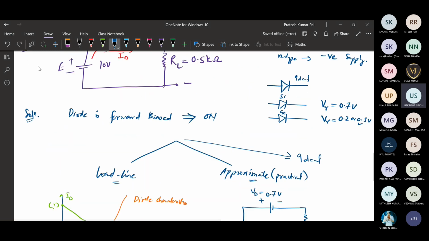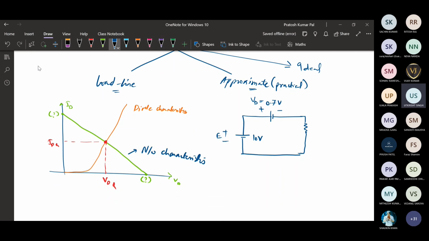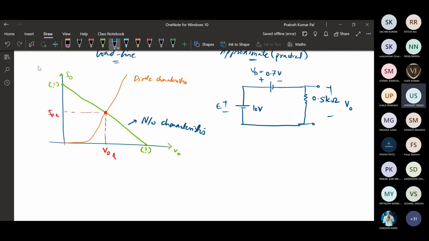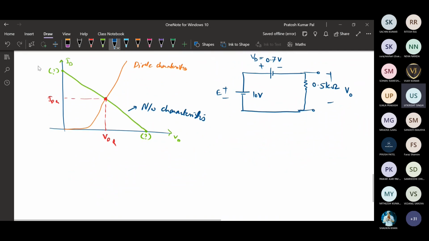Whatever resistance is there, that is 0.5, and the voltage across this resistor will be your V output. So this will be the approximate analysis. From there, we need to find the value of ID, whatever current is flowing through this circuit.